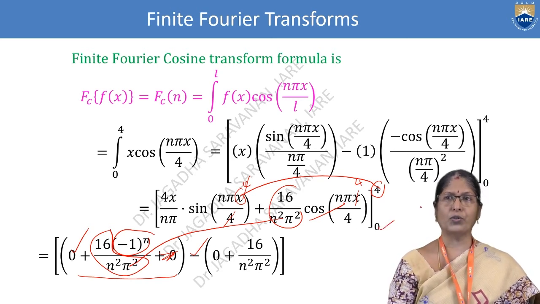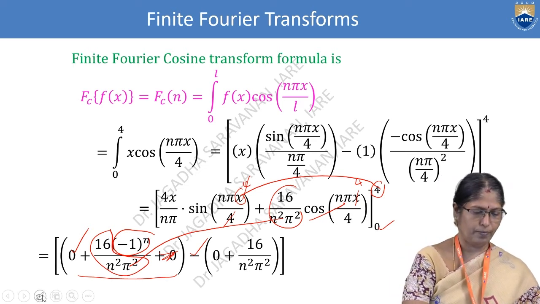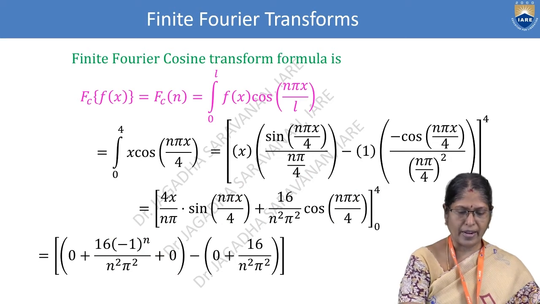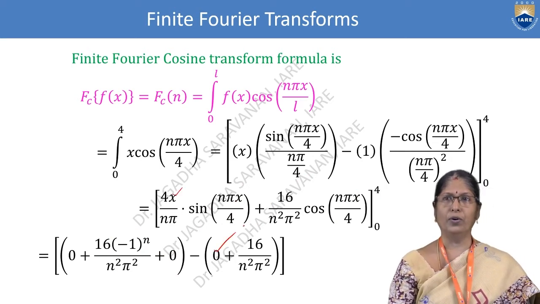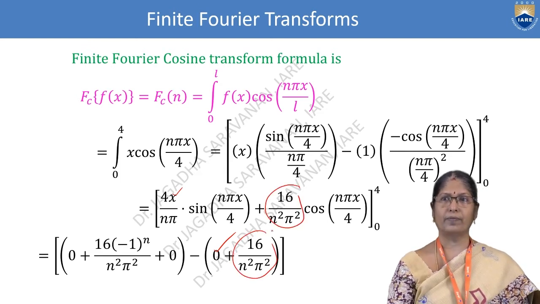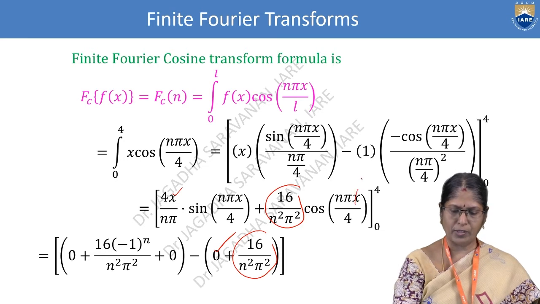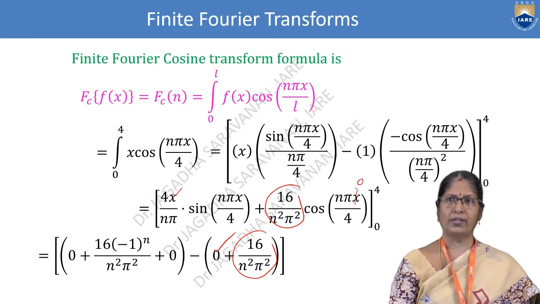Now we will focus on the lower limit. The lower limit is 0. In the place of x we are substituting 0, and 0 into anything is 0. This term is written as it is. Here in the x place we are putting 0, so cos of 0 is 1.